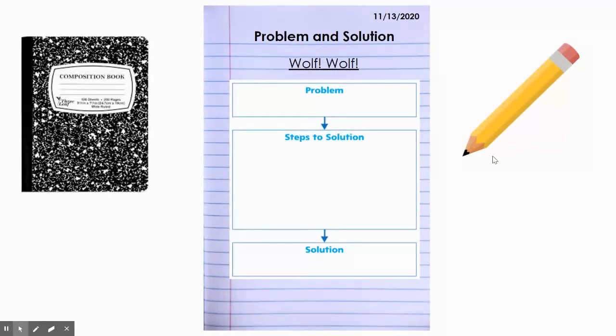Then you will draw your graphic organizer, problem, steps to solution, and the solution. Make sure your boxes are big enough that you can fit at least 4 steps in the steps to solution box. I'm going to give you some time to create your page, so press pause and then press play when you're ready to move on.